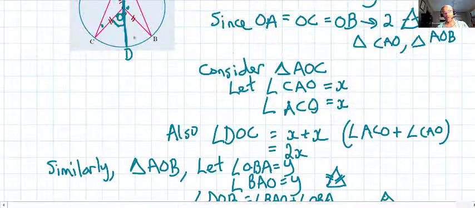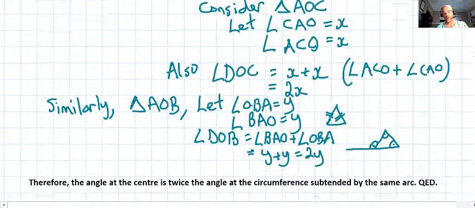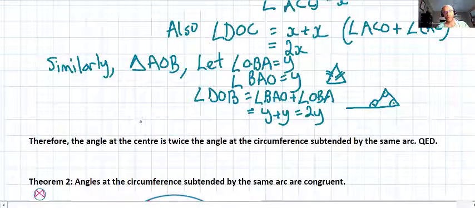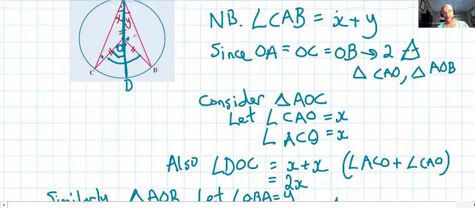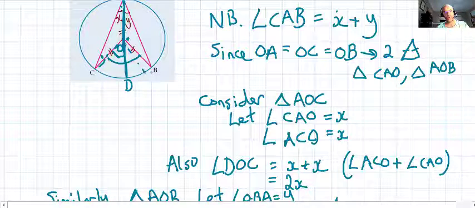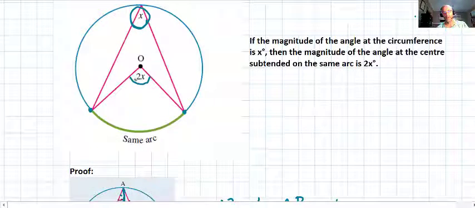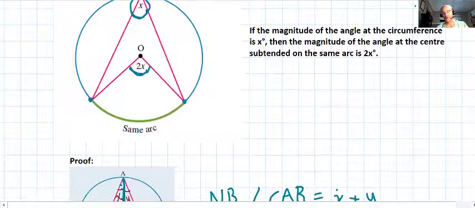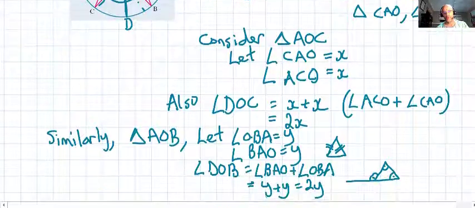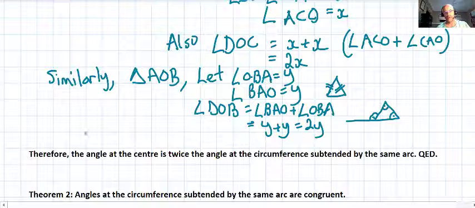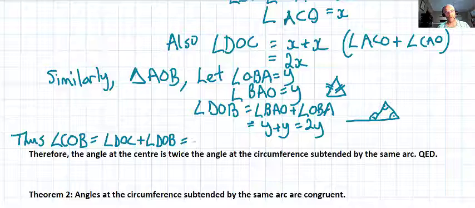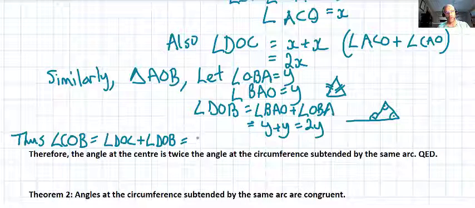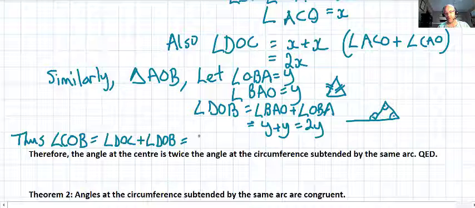Down here we're finding the angle at the bottom, which will be COB, this angle here. We can show now that it is twice that, and therefore we've proven the theorem. So here we go: angle COB is the sum of angle DOC plus DOB, which is 2x plus 2y.